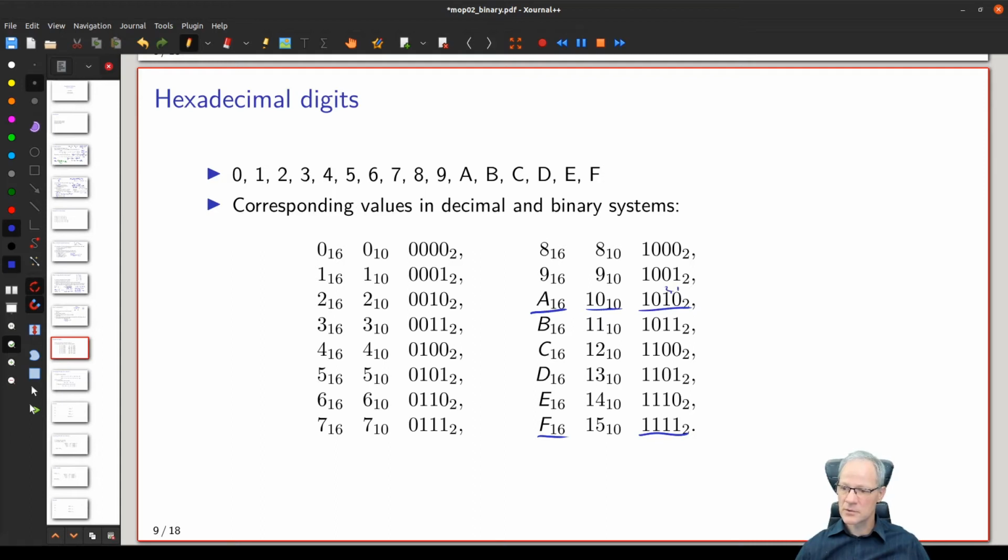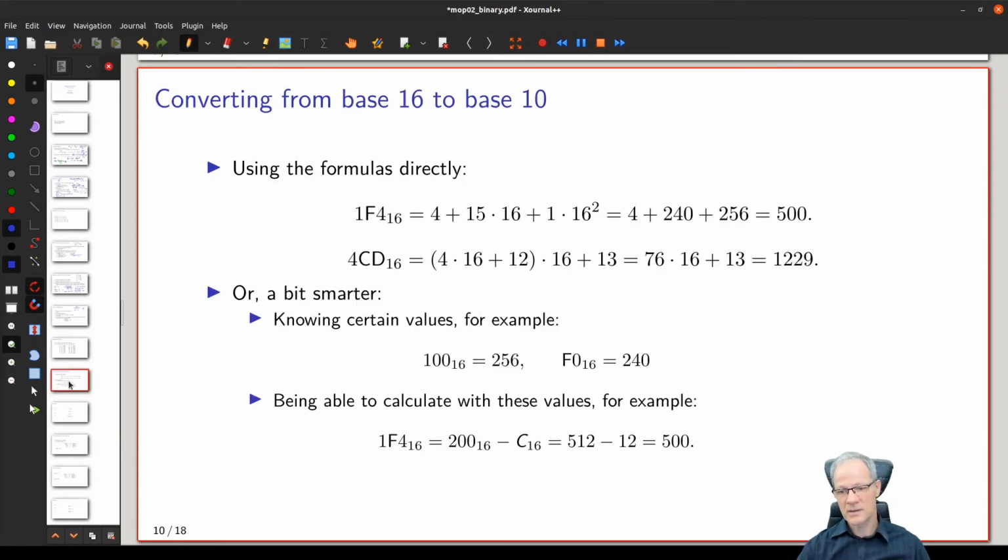This is 1, 2, 4, and 8. 8 plus 2 is 10. So therefore it's A. And so on. So these are the values we're going to be using in this course, and also in programming when working with computers and low-level programming languages.